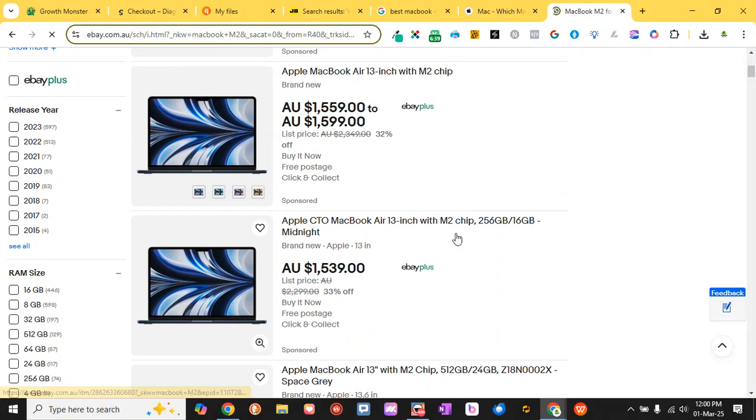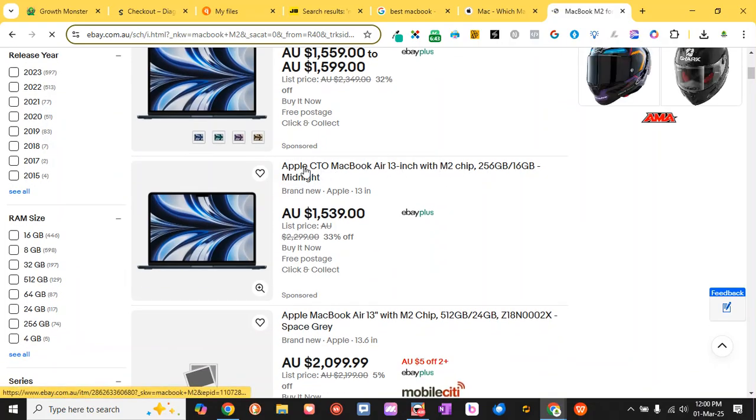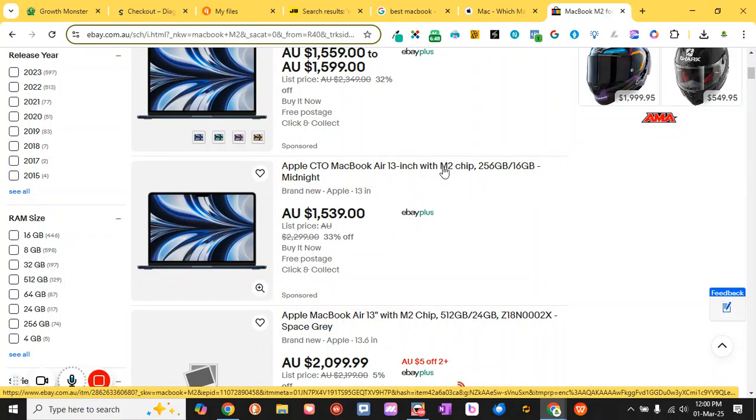These M2 chips would be worth looking at because basically you're getting this. In this example, it's a 13-inch M2, 256, 16 gig.